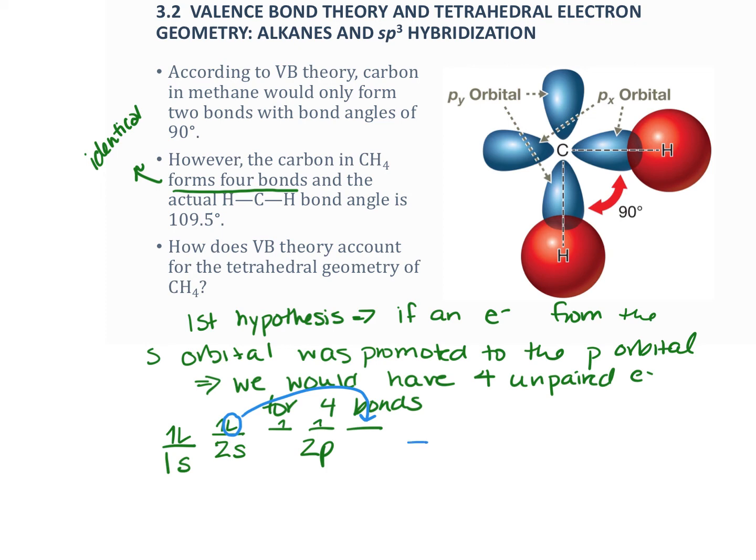What that would turn into is 1s filled, at a higher energy level 2s with 1 pair of electrons, and then at a higher energy level 2p. And so now, boom, we have 4 unpaired electrons. This is great, all is well.